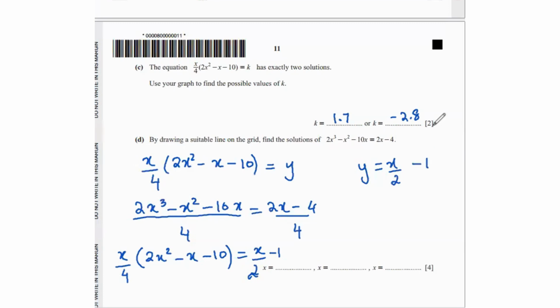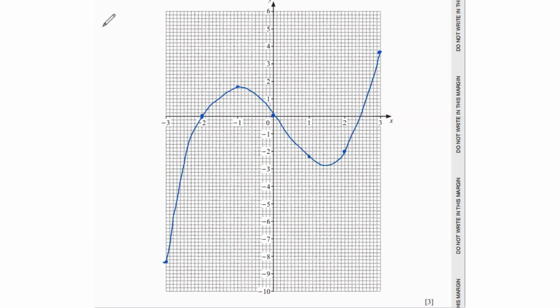Which means our equation is y equals x over 2 minus 1. We have to basically change the given equation into the form that's originally in the question, and then see what is happening to the other side. Whatever you get after you have turned it into the original equation is the equation of the line that you have to draw on the graph to get the values of x. So we sketch y equals x over 2 minus 1.